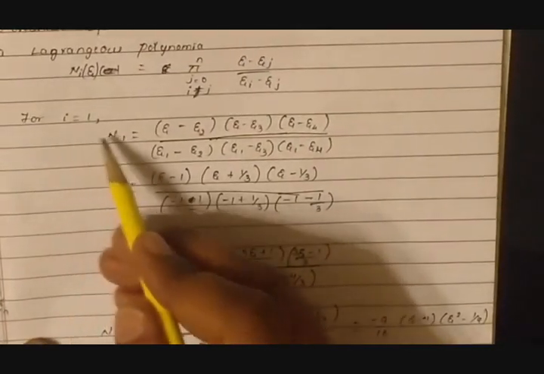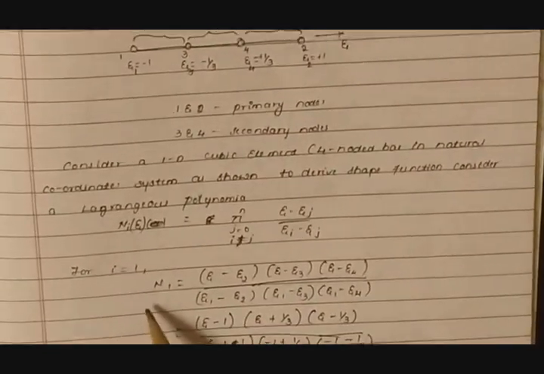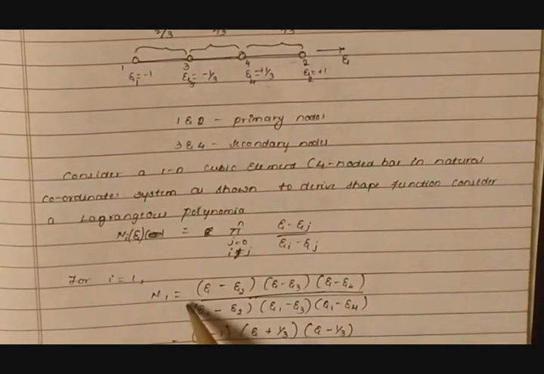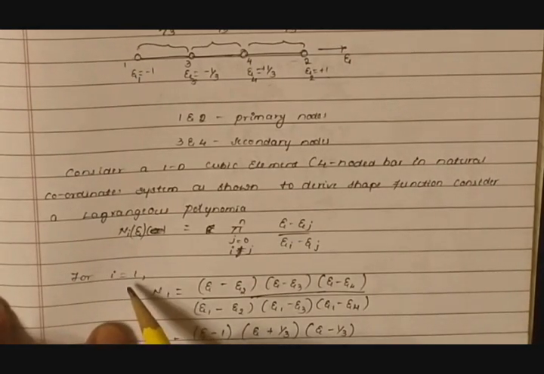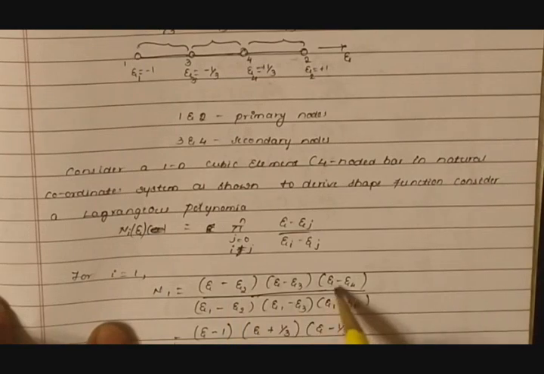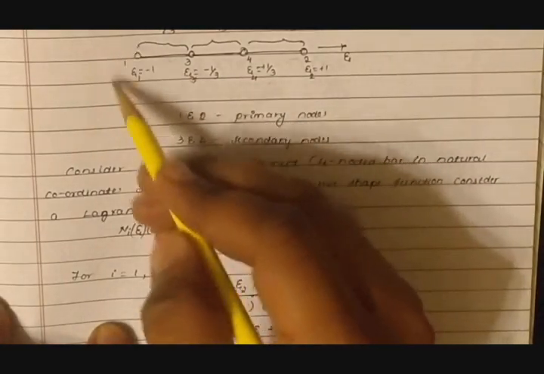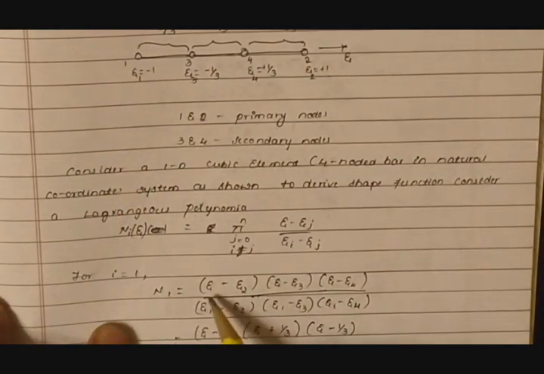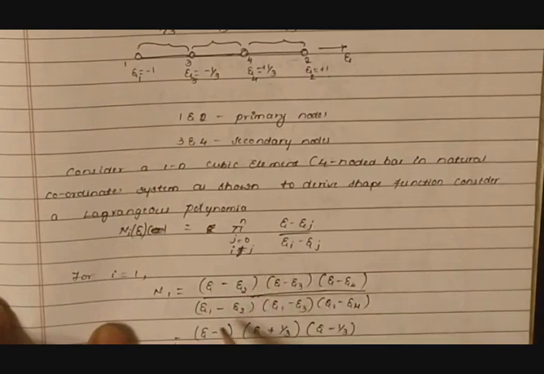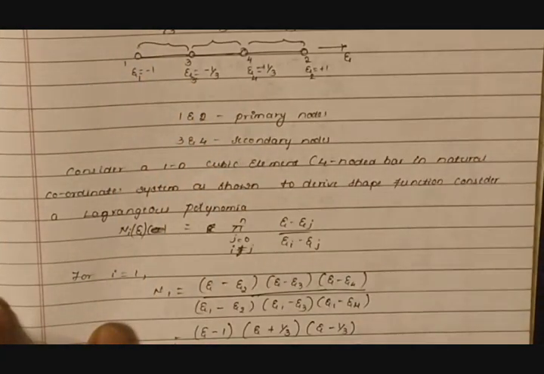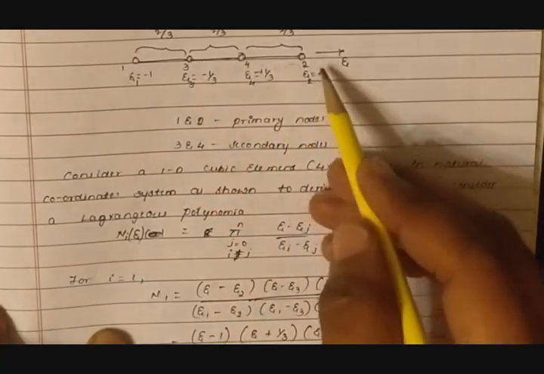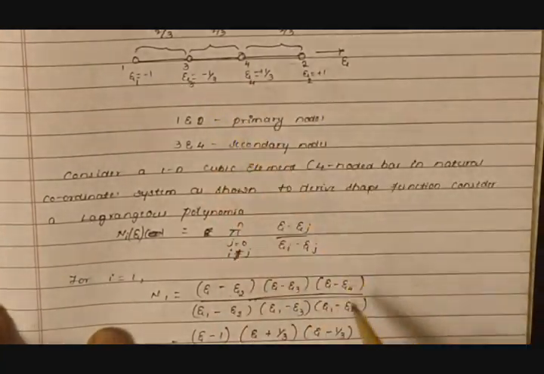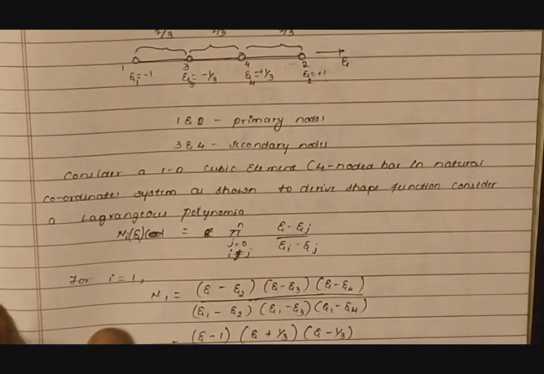So for i is equals to 1, that is for node 1, N1 is equals to. So what did I say in the last derivation? When you are writing for the first node, in the numerator, you just skip the first term. That is, zeta minus zeta 1 will not be there. So you will have zeta minus zeta 2, zeta minus zeta 3, zeta minus zeta 4.